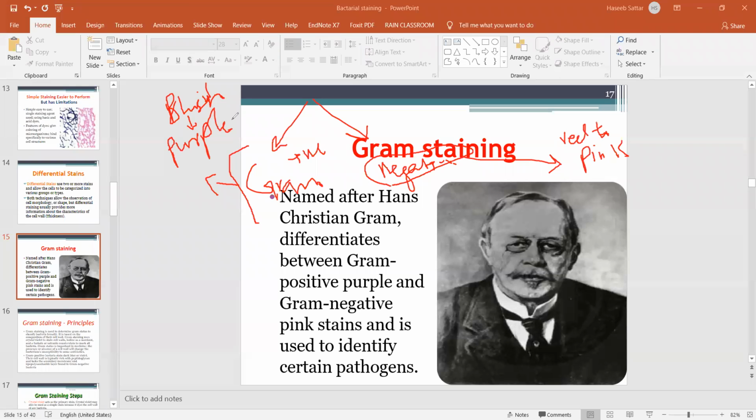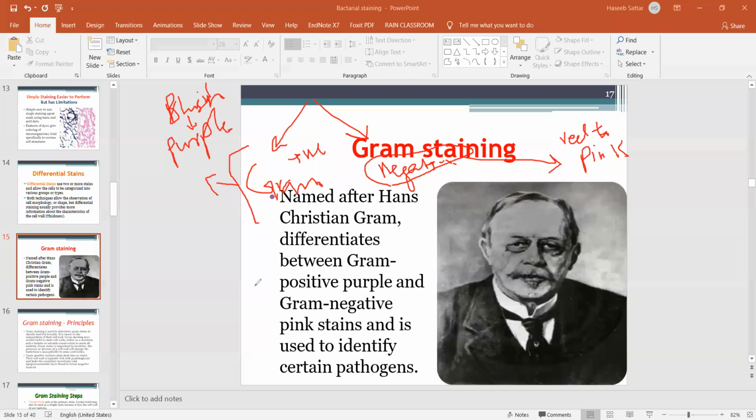After this classification, it is very easy for us to identify the bacteria, and to prescribe drugs according to those bacteria.